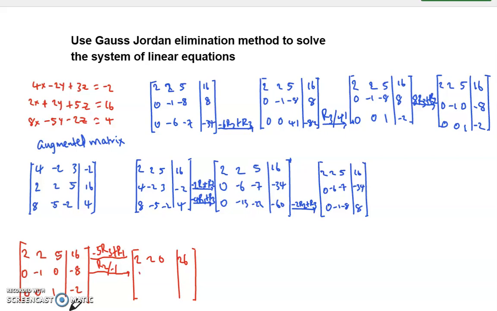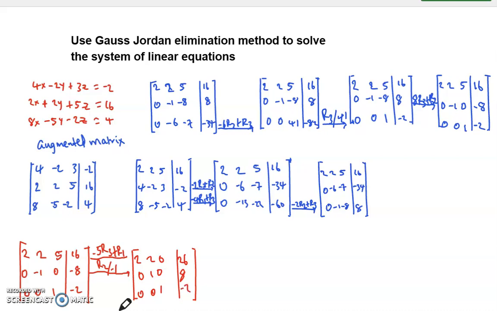So here we will have 0, 1, 0, and also this 8 becomes +8. And then let's maintain the last one. This is 0, 0, 1, and then here we have 0, 0, 1, and then we have -2.